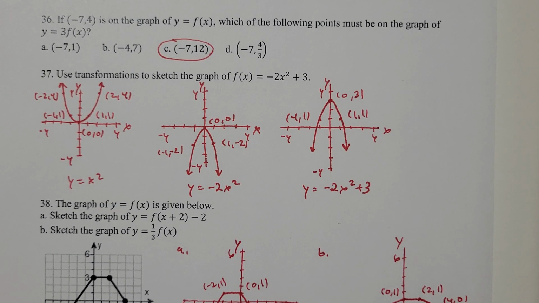Along the way, we're going to add more basic functions to the group. In the notes at the end of sections 1.1 and 1.2, there's a worksheet that starts you off with what are called the basic functions, and along the way we're going to add more functions to that group.